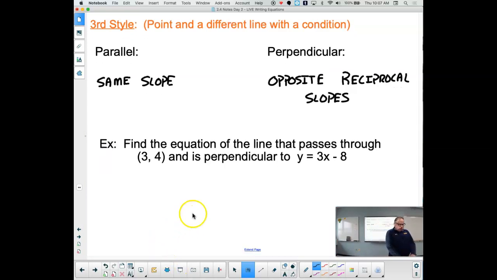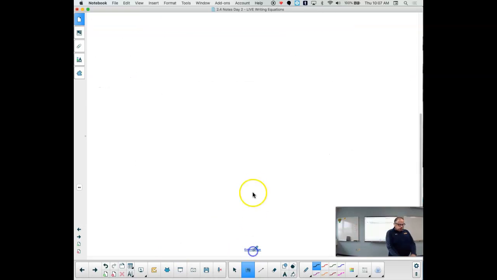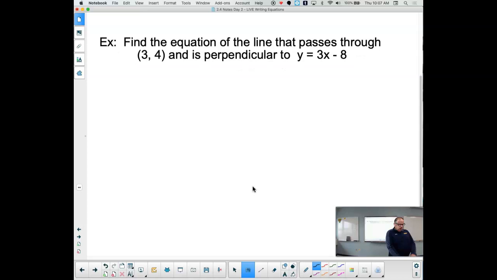It says find the equation of a line that passes through the point (3, 4) and is perpendicular to y equals 3x minus 8. First, I look at the given line. What is the slope of that given line?